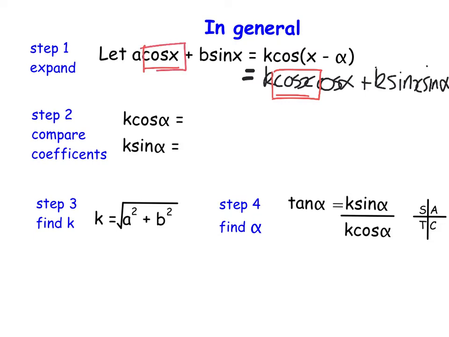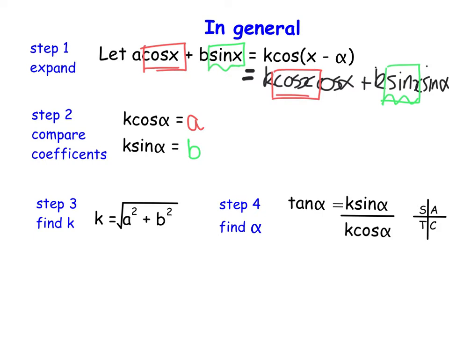So k cos alpha equals a, the number in front of cos. Then I'm going to change my colour pen, and I'm going to underline sin x, and sin x. You'll notice sin x is with k sin alpha, and sin x over here is with b. So k sin alpha equals b, whatever's in front of sin. And that will change depending on the expansion we're using, okay?